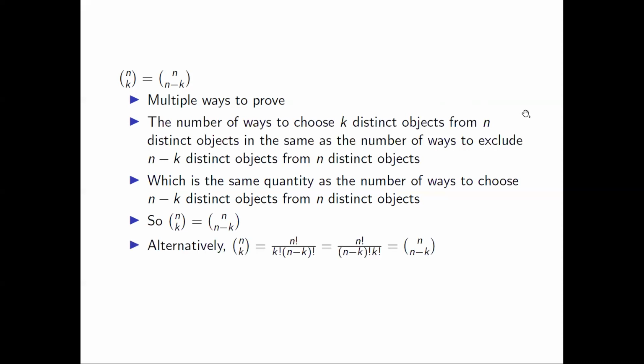And another immediate proof of it is we can use the definition of binomial coefficient that we proved using factorials. So in an earlier video, we saw that n choose k equals n factorial over k factorial times n minus k factorial. And by commutativity of multiplication, that quantity is equal to n factorial over n minus k factorial times k factorial. And this is just equal to n choose n minus k by definition.